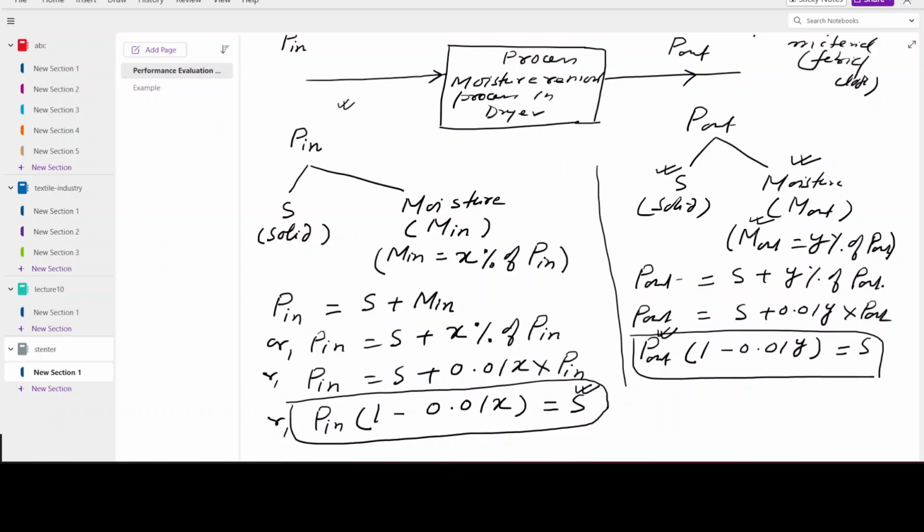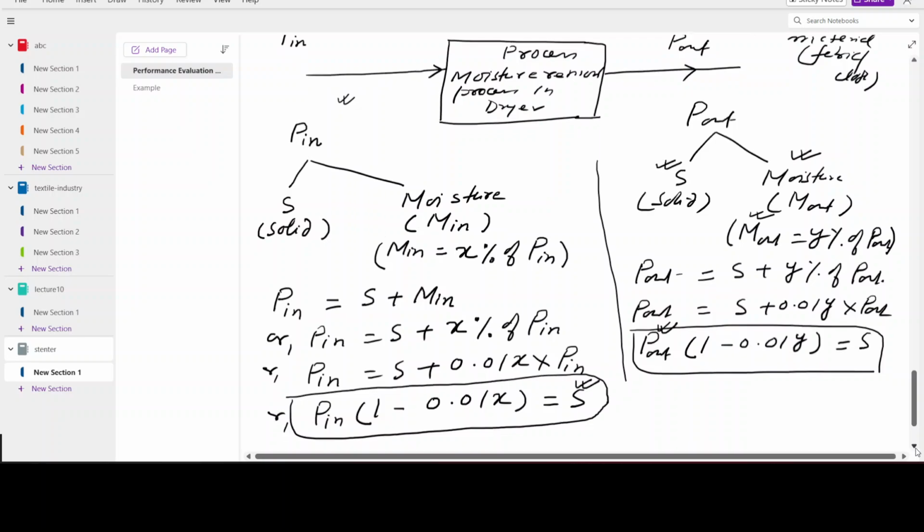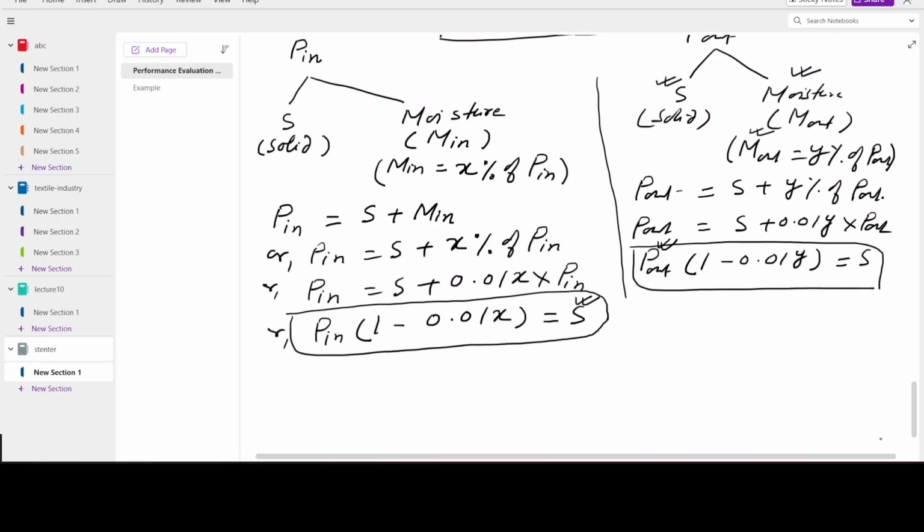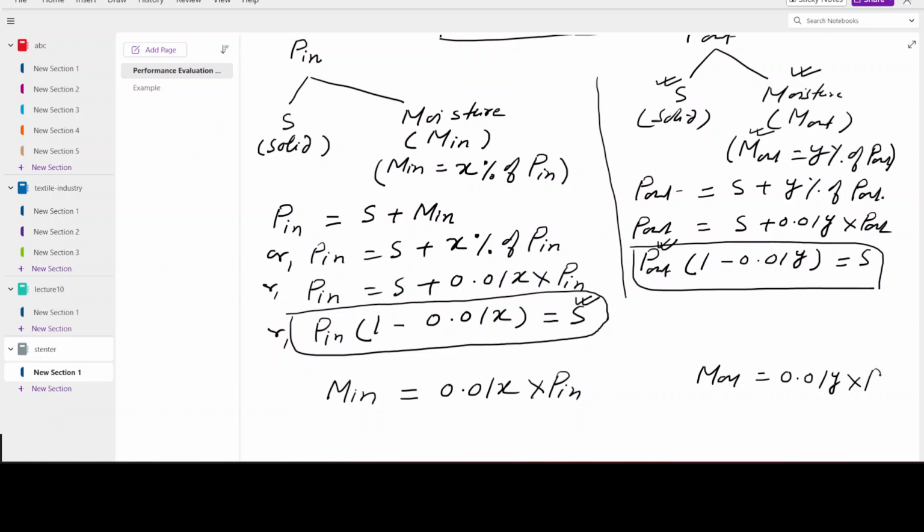So this is a generalized approach through which we will be able to find M in and M out. M in is nothing but 0.01 X into P in, and M out is nothing but 0.01 Y into P out.